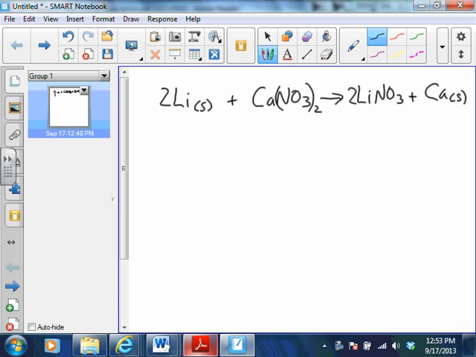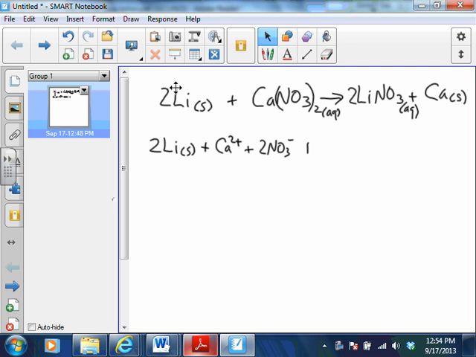Now we need to write the net ionic equation for this one. The two things that I didn't label are actually just aqueous, all right? So that really kind of gives an incomplete picture of what's actually happening in this reaction, okay? If we want a real picture, then maybe we write the overall ionic equation first, and we'll split up the Ca2+ and the 2 nitrates that come from this, right?